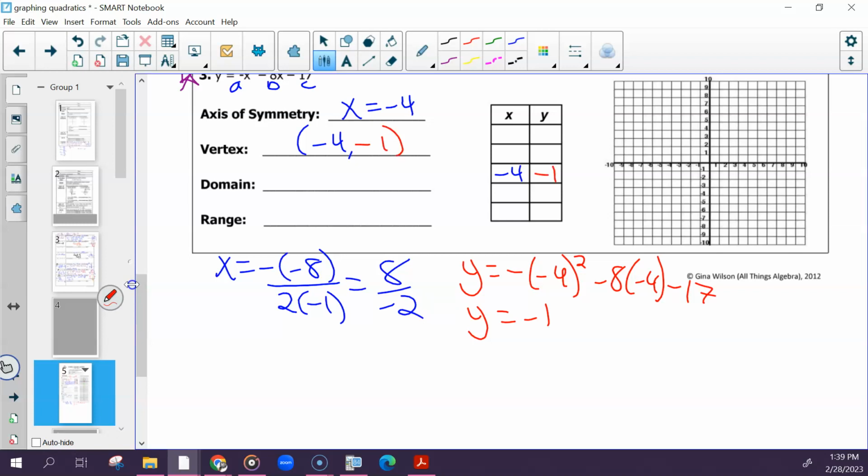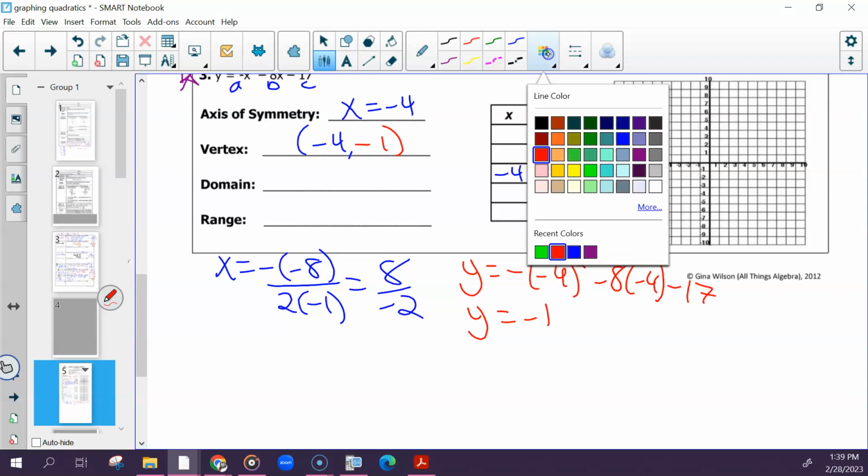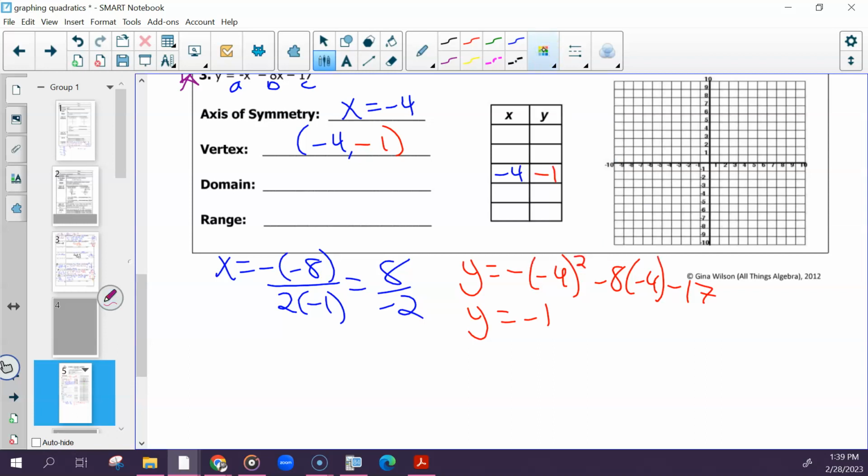So when you fill in your x's, still go backwards and forwards. Backwards would be -5, -6. Forwards, -3, -2. And then again, you could take all of your x's, -6, -5, -3, -2, put them in for x and do what we just did to find each y value.